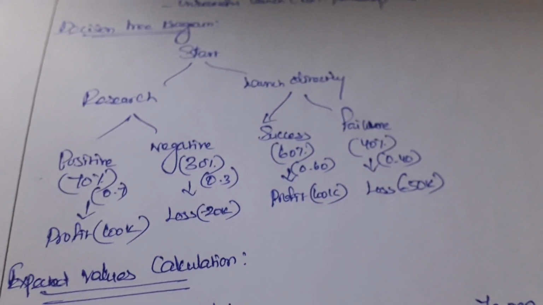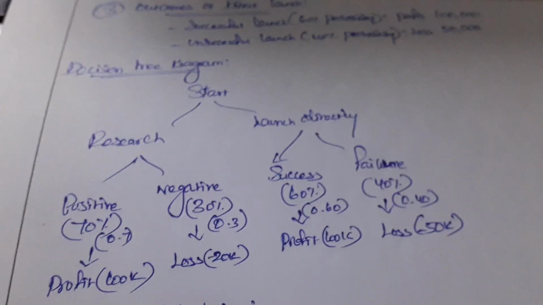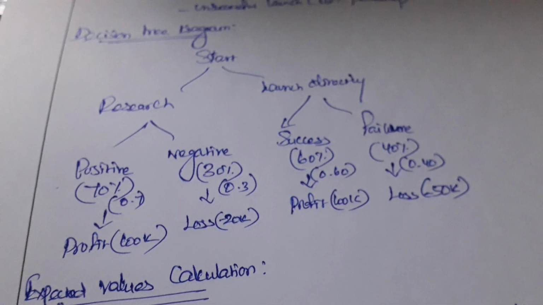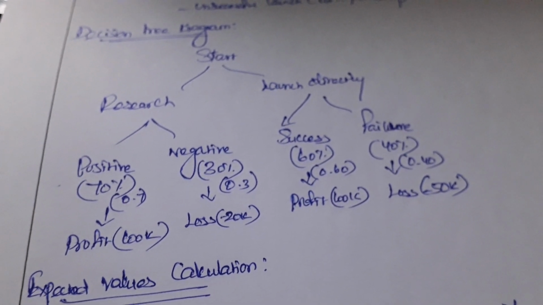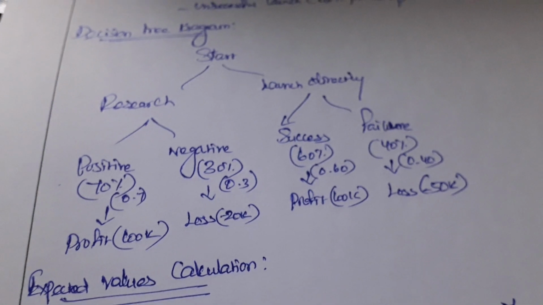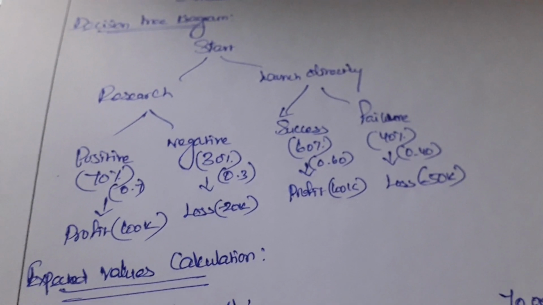Then we have to draw a decision tree diagram. Under the start we have two branches, the research and the launch directly.